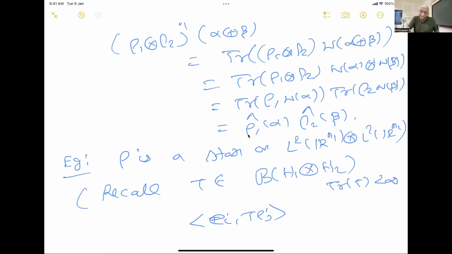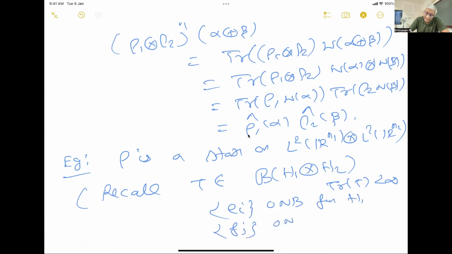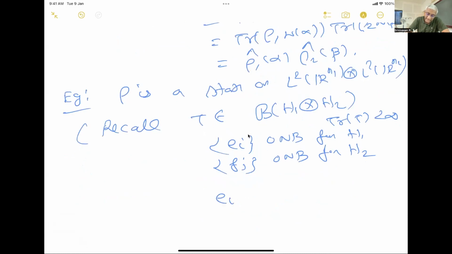So T1 tensor T2, this is an exercise I asked you to verify. It's an assignment for you, so I don't want to recall the whole thing. What I'm saying is, if e_i is an orthonormal basis for H1 and f_j is an orthonormal basis for H2, then e_i tensor f_j is an orthonormal basis for the tensor product H1 tensor H2.